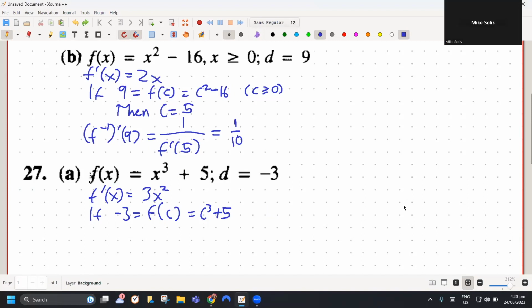So f inverse prime evaluated at... So if delta is P is 0, so Q is 5.